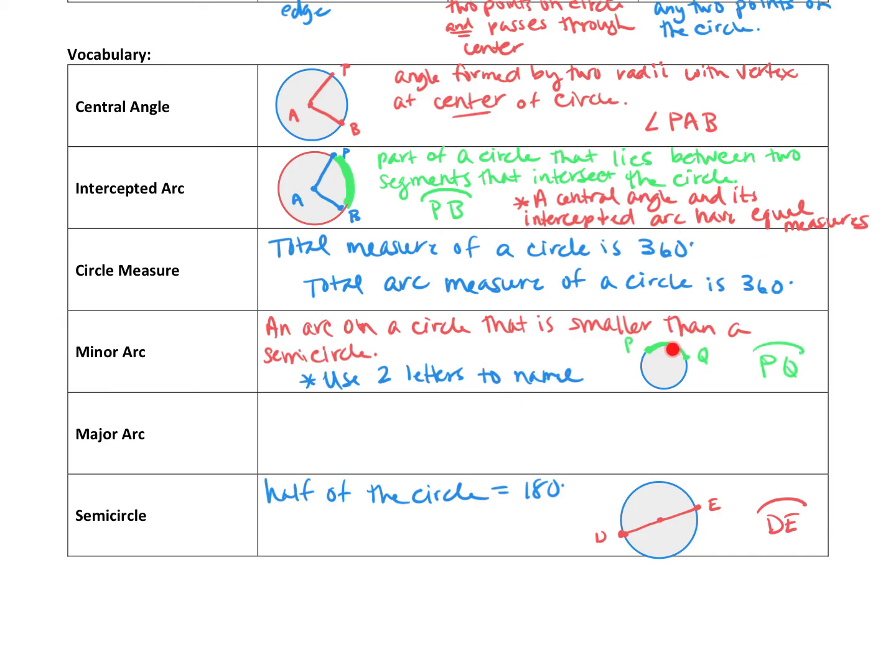I can clearly see it's less than half of the circle, the semicircle, so it would be considered a minor arc, and I only need to use 2 points to name that. If I were to say P to Q, I would go the shortest or the quickest pathway to get to Q versus going around the long way. Now, a major arc is going to be an arc that is larger than a semicircle.